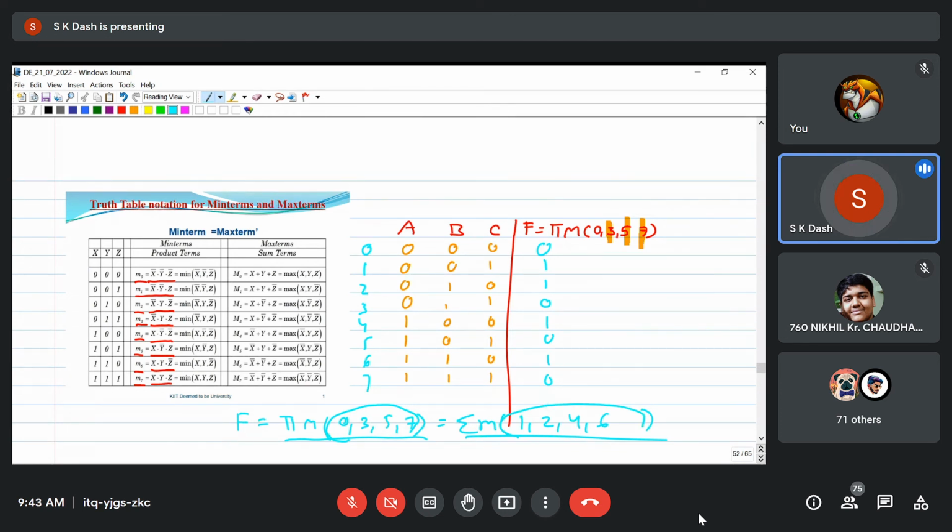When you are dealing with a standard SOP function, you are checking ones, and here you are checking zeros. So whatever will not be 1, that has to be 0.